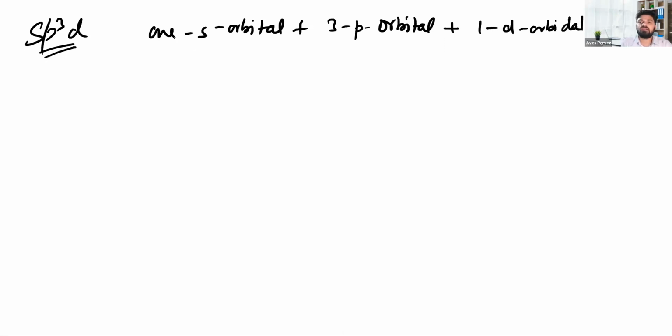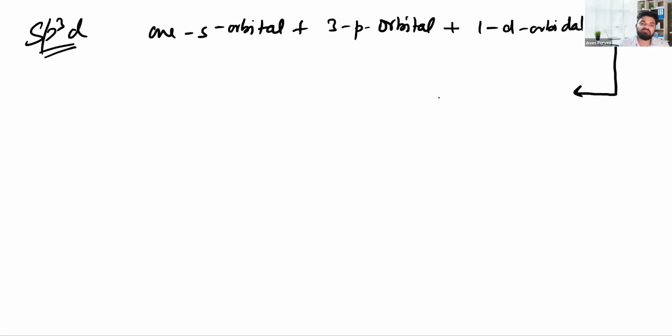When they intermix together, how many new hybrid orbitals will there be? 5. Yes, 1, 3, 4 and 1, 5, and they will be sp3d hybrid orbitals.